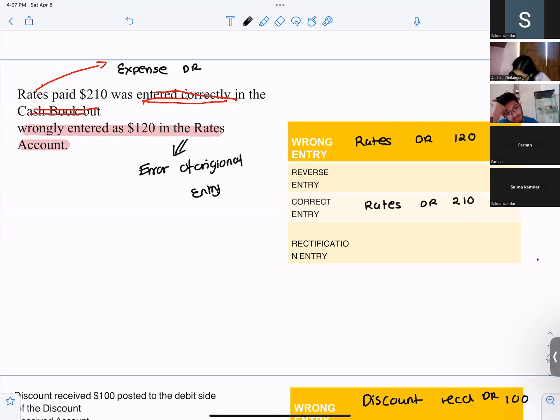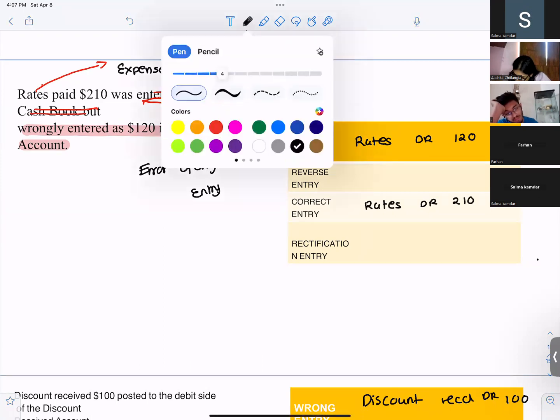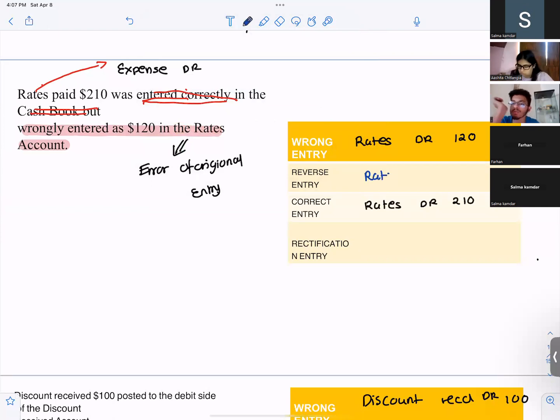Now let's reverse the wrong. So rates will be credited this time. Rates credit 120. Now rates is debited once and credited once, so I will subtract: 210 minus 120, 90.